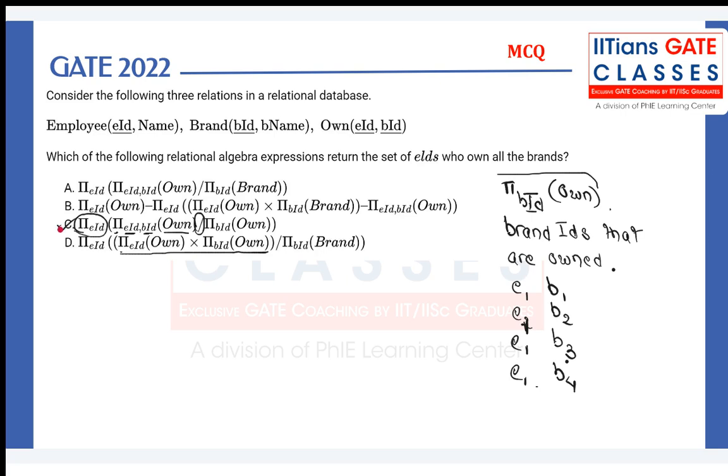What is the problem with option A? Option A has only one difference. The own becomes brand. When can option A be wrong?